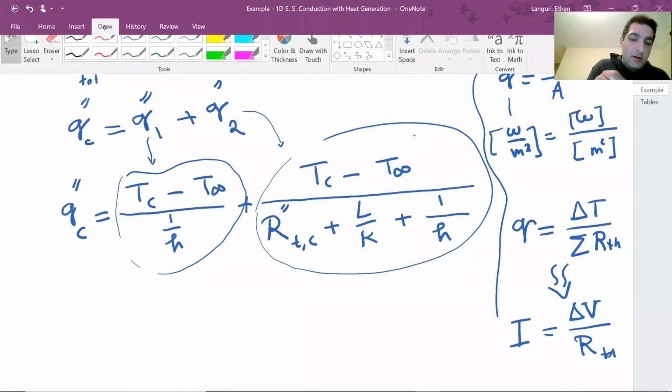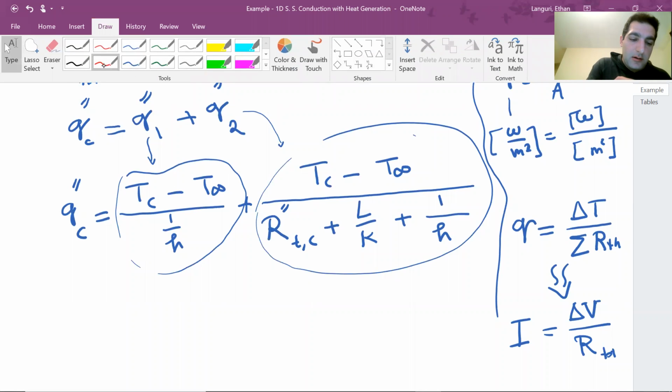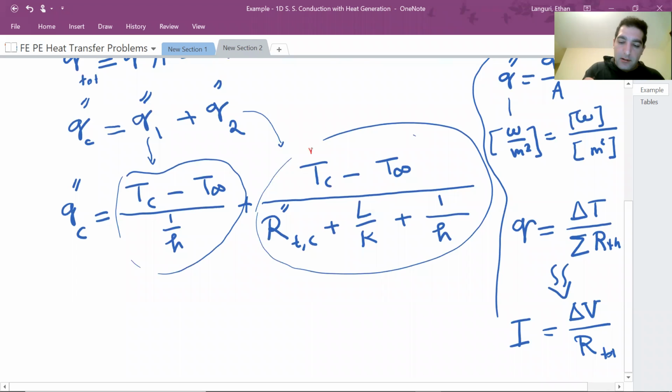so let's quickly look at this together. We are looking for chip temperature to make sure it's below 85 degrees C or not. We have the T infinity, we're looking for Tc. We have 1 over H. L is known, but K we need to find from tables. R double prime for contact, we need to find from tables.